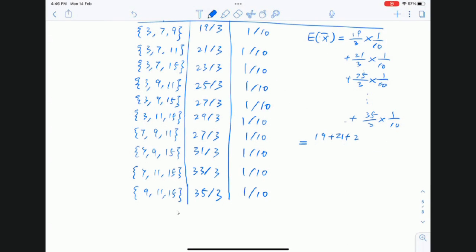So this is 23. And you can try to work out the tedious calculation. You get this number. Sorry, I copied the wrong number. It should be equal to the population mean, so that it will be equal to 9.